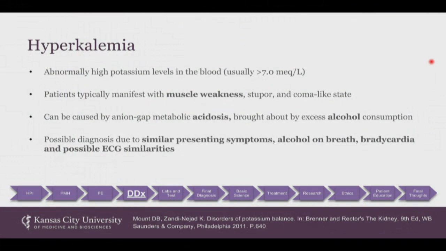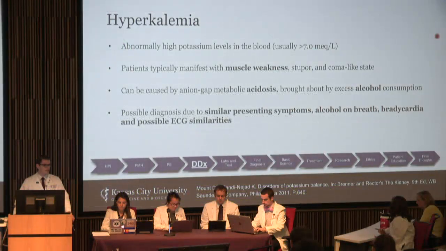They will manifest with muscle weakness, stupor, and a coma-like state. This hyperkalemia is often induced by excessive alcohol consumption, which can lead to metabolic acidosis. This acidosis can lead to the tissues becoming ischemic, and the cells can then dump their excess potassium into the blood.